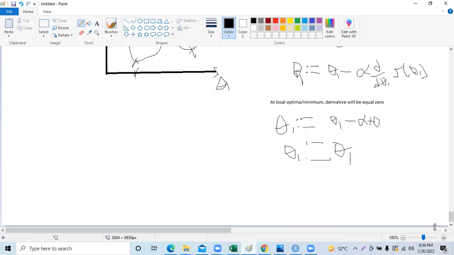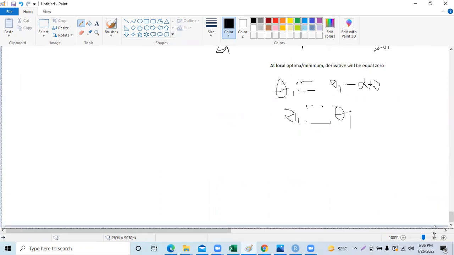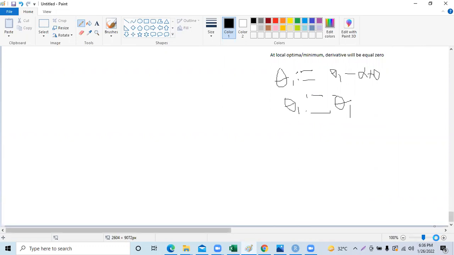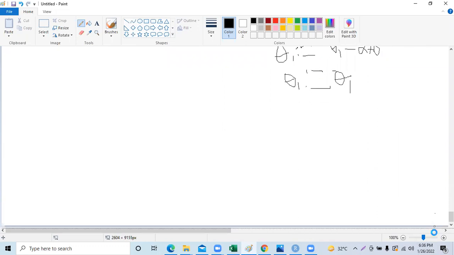But just for emphasis sake, I just want to show you the mathematics for how we relate gradient descent to cost function. So basically how gradient descent affects cost function. So that you are going to see here.